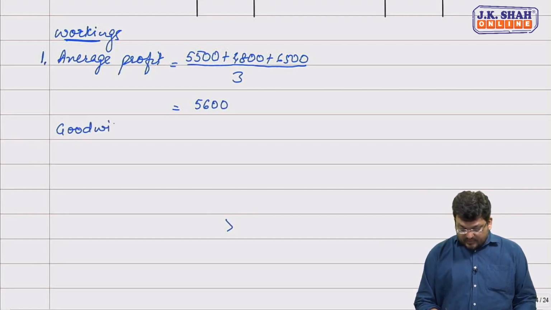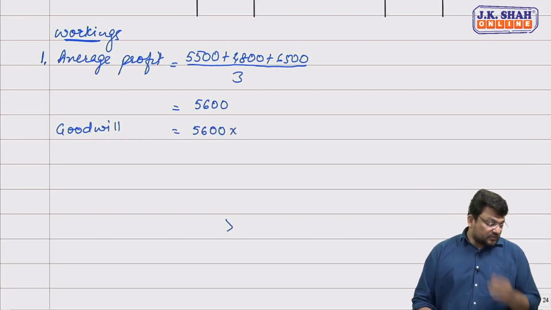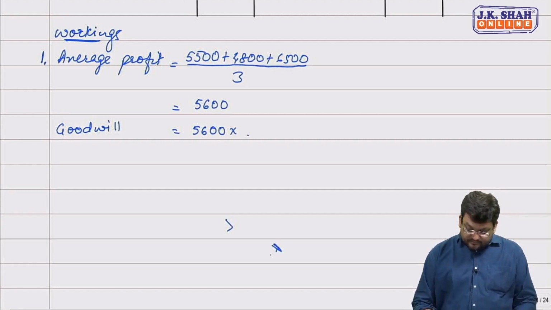Firm's goodwill will be 5,600, that is average profit, into 2 years' purchase. So firm's goodwill will be 11,200.